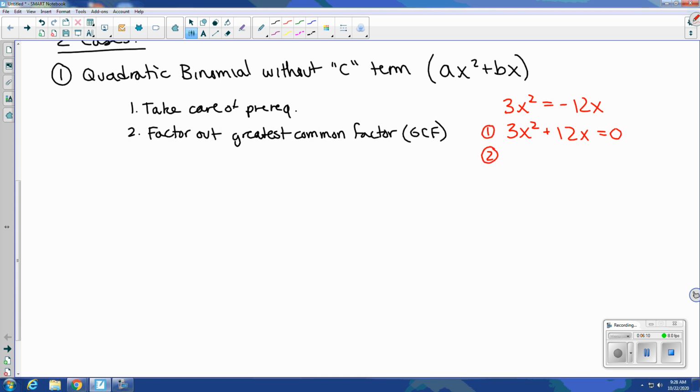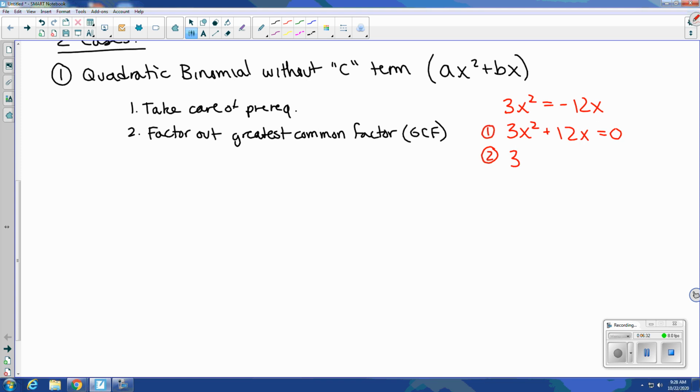Step two is requiring us to take out a GCF. What does that look like? When you take out a GCF with algebraic expressions, you look at the numbers in each term first. So what is the largest number that goes into both 3 and 12? You should be able to see that it is 3. So I'm taking out a 3.